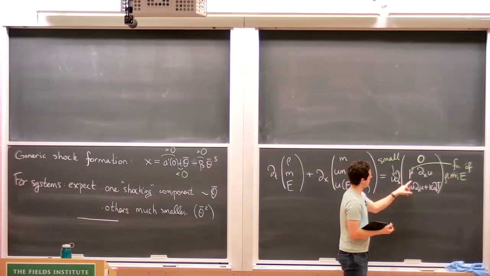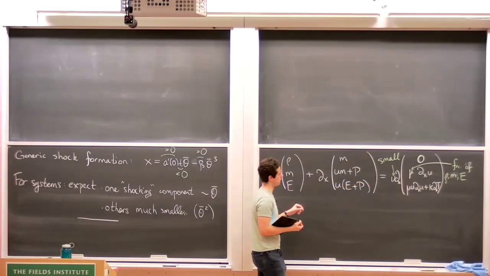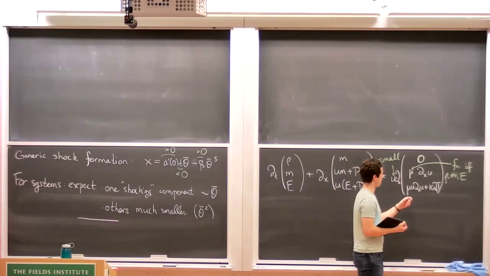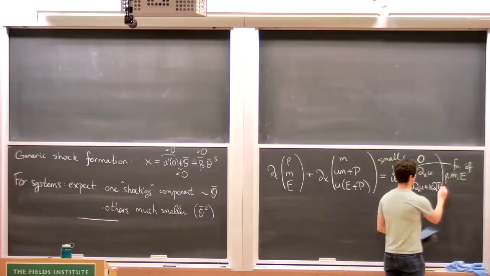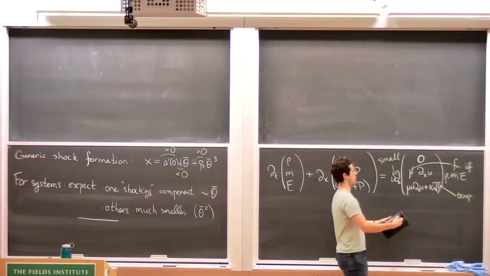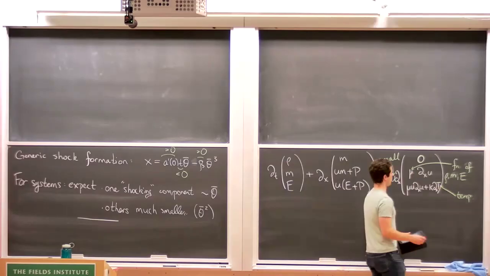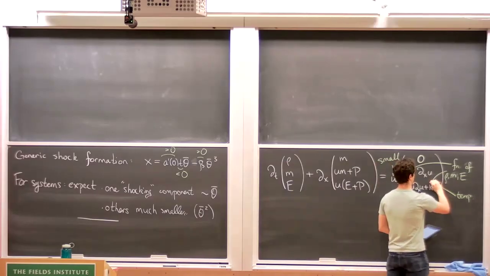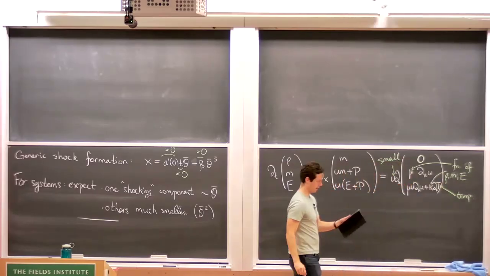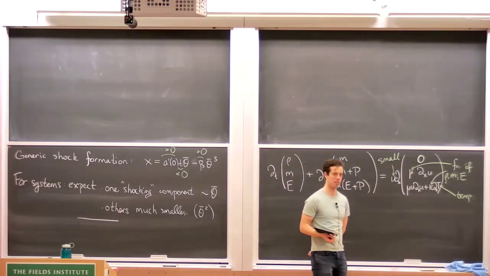And then in the third equation, we have another expression involving mu, now quadratic in u, which makes some sense because we're dealing with an energy, a quadratic expression of u in the kinetic energy. And then there's a thermal term as well. So here, this capital T is that temperature, which is, again, implicitly a function of rho, m, and e, and kappa, the thermal conductivity of the gas, is also implicitly a function of temperature.